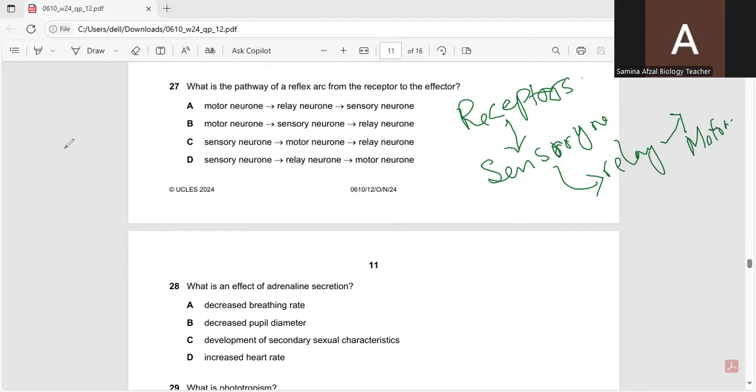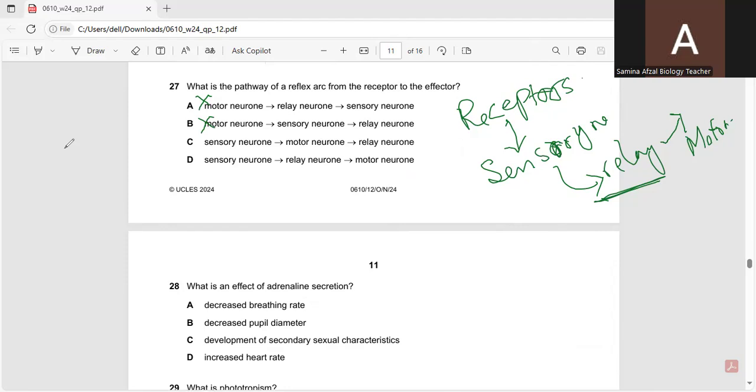So receptors will detect the changes or the stimulus, and sensory neurons will take the messages towards the brain or spinal cord, and from brain or spinal cord, relay neuron is there. So motor neuron will take back the messages from the central nervous system towards the effectors. If the statement is starting from motor neuron, so these are not the correct options.